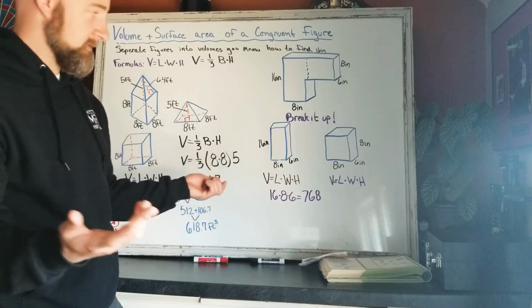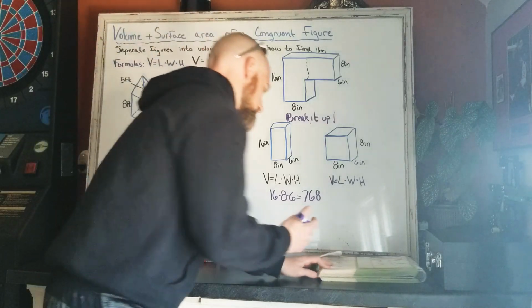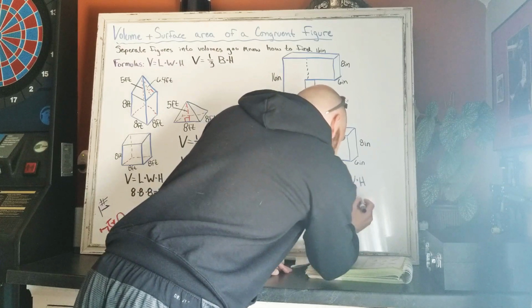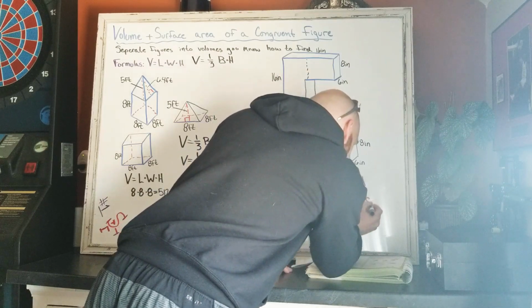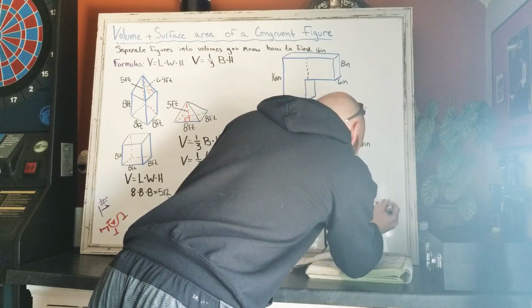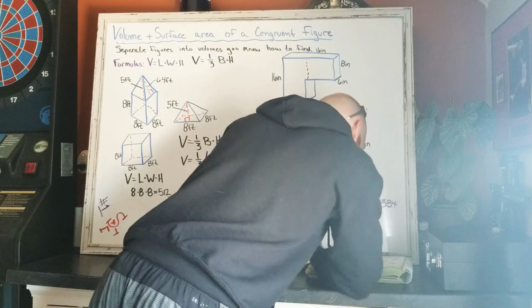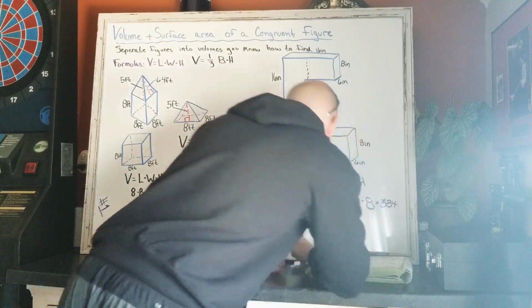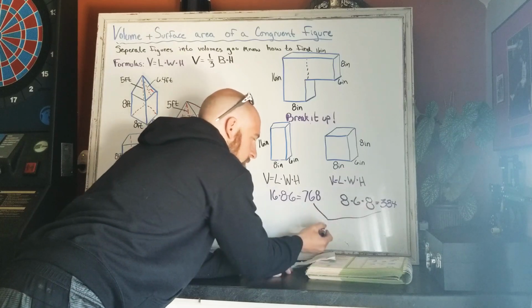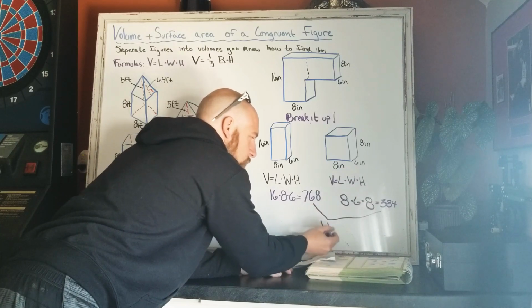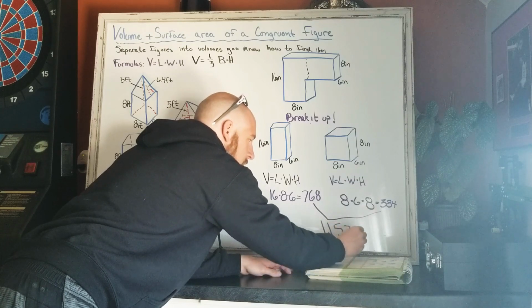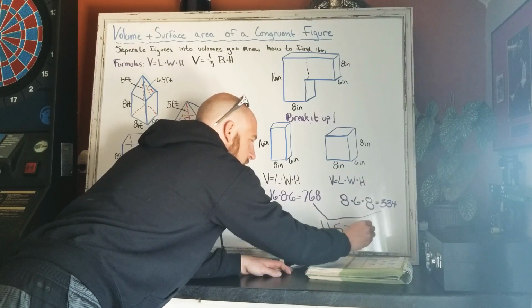We're going to take 8 times 6 times 8, which is equal to 384. And you add both of these together, you should come up with 1,152 inches cubed.